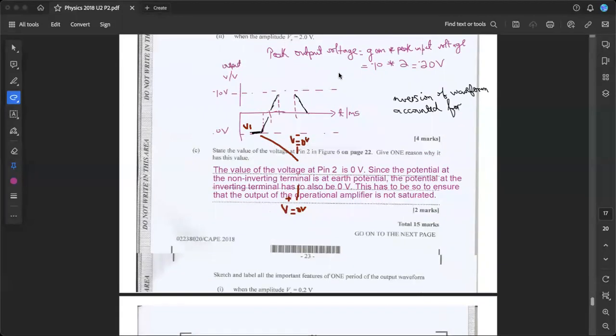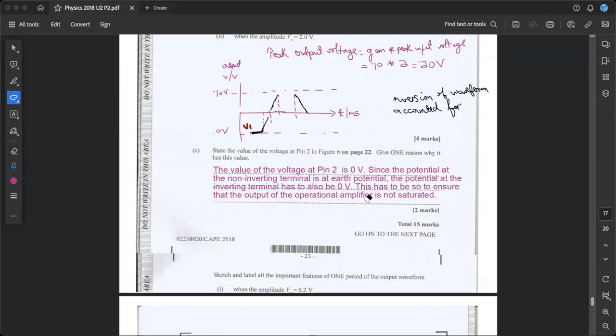Yeah, so they're asking us the value of the voltage at pin 2, and we say that that is 0 volts. Since the potential at the non-inverting terminal is at earth potential, the potential at the inverting terminal has to be 0 volts, and this has to be so to ensure that the output of the operational amplifier is not saturated, okay? So that's all we have for that question, right?